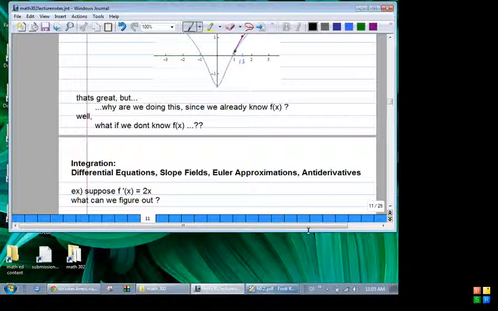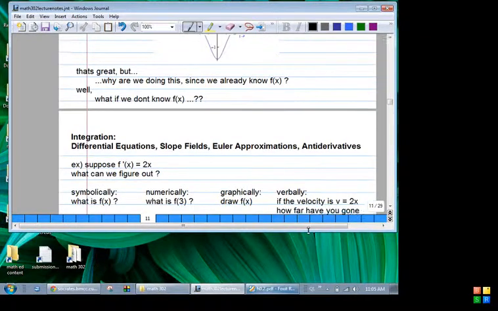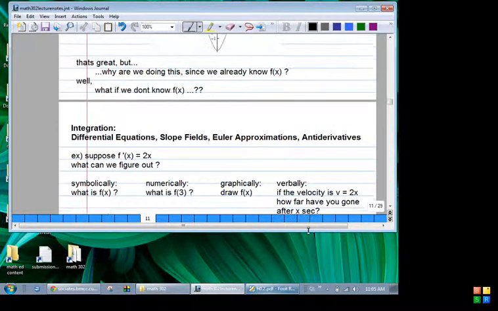So, we're going to answer this question in 4 different ways. First of all, symbolically, you can ask the question, well, okay, what is f of x? That's the most direct and obvious question to ask, and it's the one that I think some of you already started to ask and answer. Second, we can answer this question from a numerical point of view.